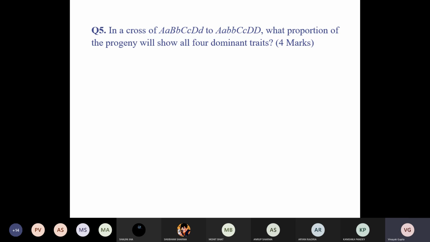Sir, capital A small a cross capital A small a. For that you have to find the probability of getting capital A capital A plus capital A small a. Okay.